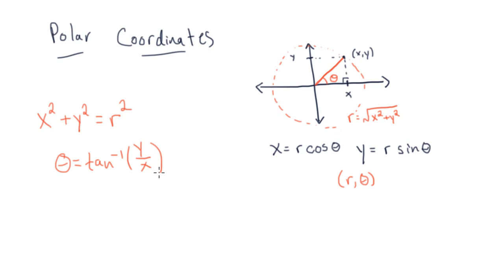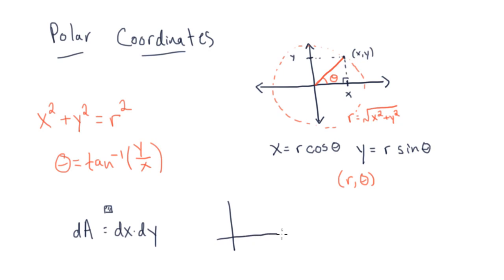So probably the most important thing about polar coordinates is how to describe area regions. Now recall that in Cartesian coordinates, if we had a small area region like this, we could just say that it was dx times dy. So what if I wanted to describe a small area region in polar coordinates?